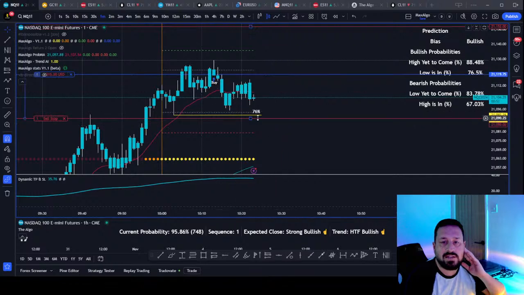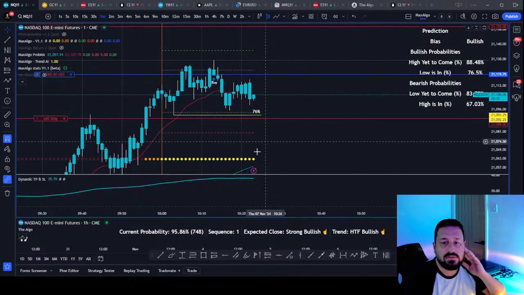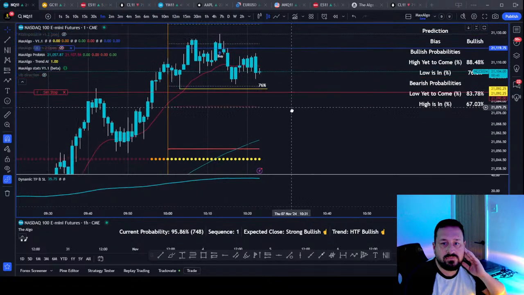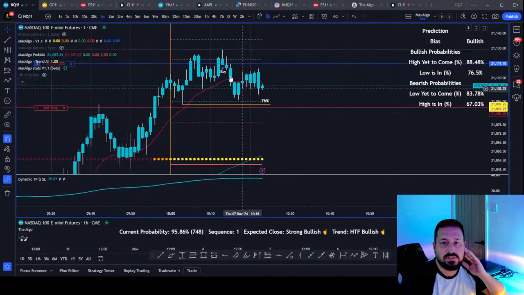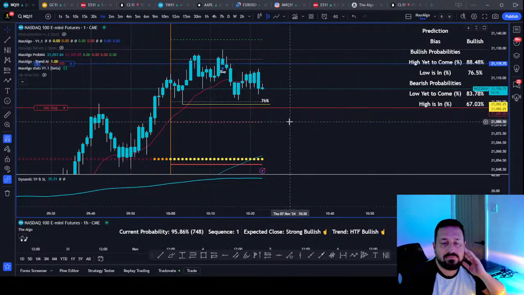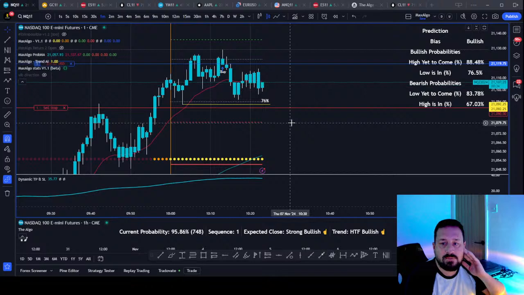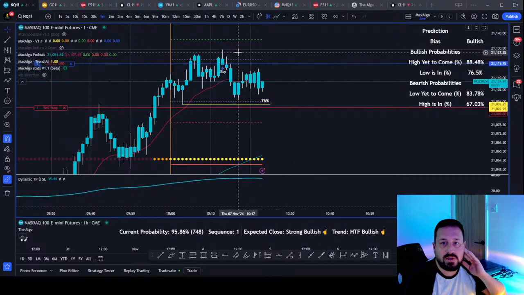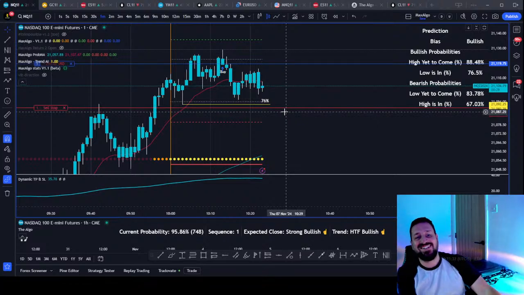At the time, we had a 67% probability our low was in with a sequence 1. Normally, I like to try and get a retracement. I went in a little early, and it looks like I'll take my punishment for doing so. Didn't wait for my normal buy signal.